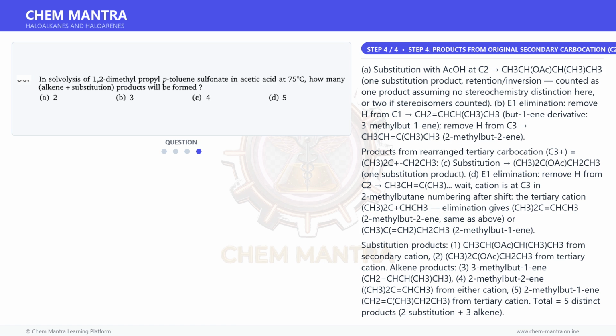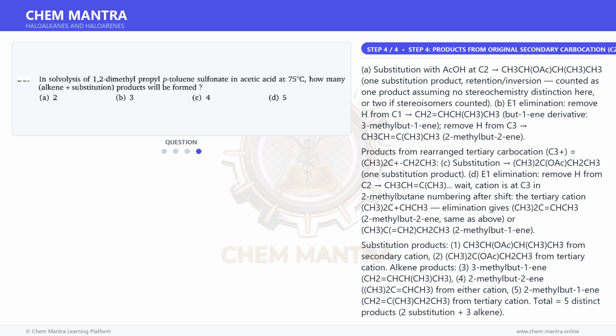Substitution products: 1, CH3CH(OAc)CH(CH3)CH3 from the secondary cation; 2, CH3C(OAc)(CH3)CH2CH3 from the tertiary cation.